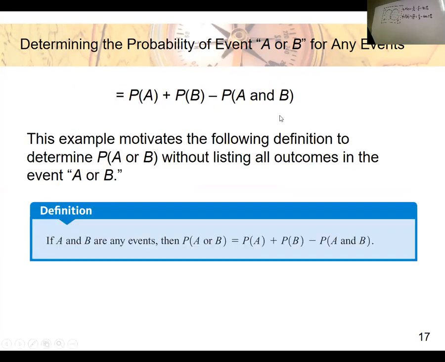And this is it. Probability of event A plus the probability of event B minus the probability of A and B, where it occurs.